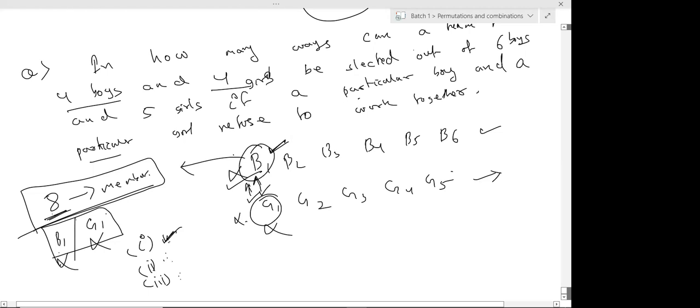In the first case, B1 is compulsory. You have to choose B1. So out of 8 members, B1 is one of them, and you have to choose 7 members out of the rest. In the second case, make G1 compulsory. In the third case, neither B1 nor G1 goes.